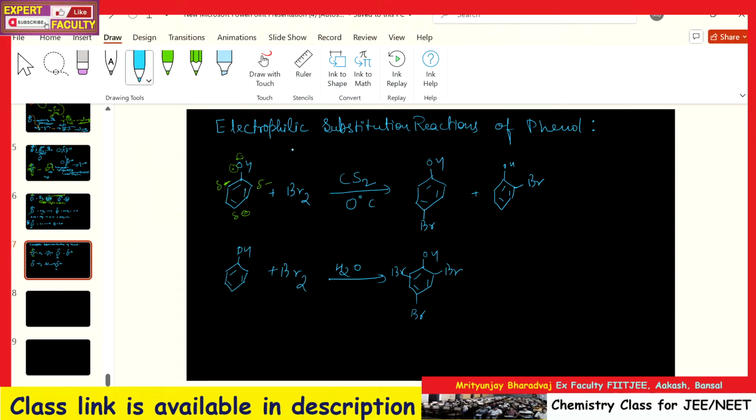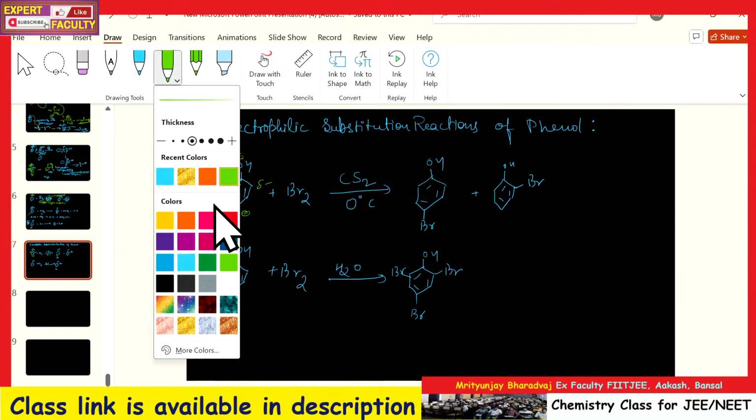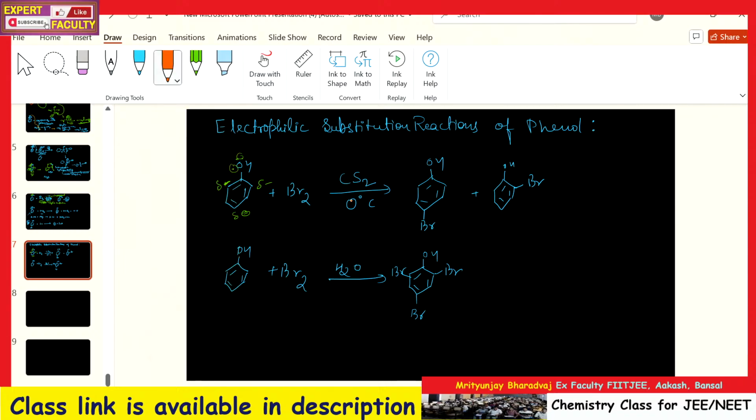The difference of solvent, and this difference of solvent brings a difference in the product. It is mono substituted, and it is tri-substituted. So mono substituted, tri substituted.